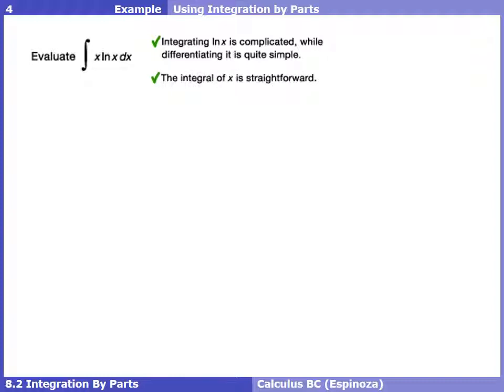So in this particular case, I hope it's a little obvious to see that the ln x is going to be our u, and then the integral of x is very straightforward and easy, so that's going to be our dv. So, like you saw in the first two examples, I always start off by writing out the formula so we can just look at it and then populate it with the things that we need to put in there.